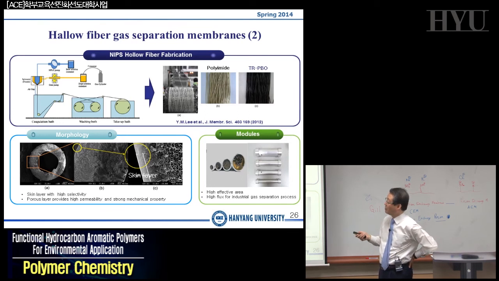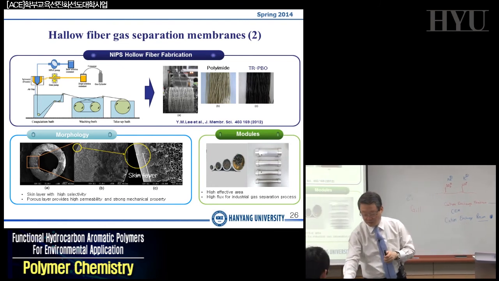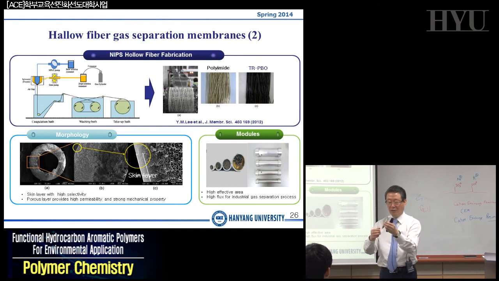And you can dissolve this polymer and put it into a very small bath, just like a pencil, okay, a ballpoint pen. A ballpoint pen has a hole. If you take the pencil out, then you have a very small hole.